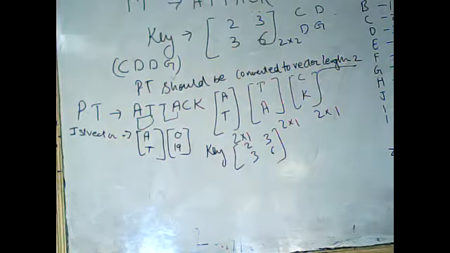I will clear out all these things so that you can understand more clearly. Just remember the previous points I have already discussed. The key is 2, 3, 3, 6. How many vectors are we having? Vectors of length 2.